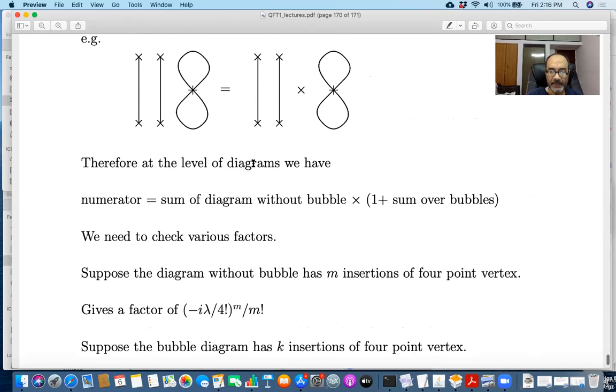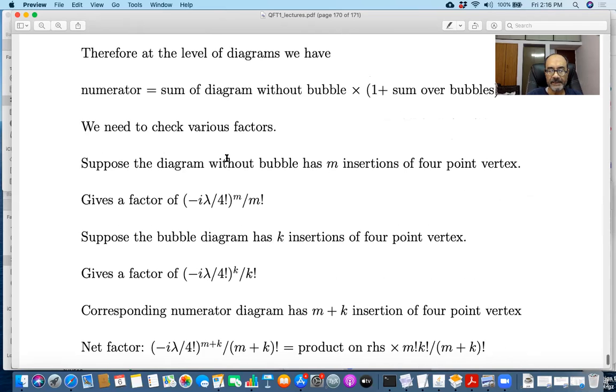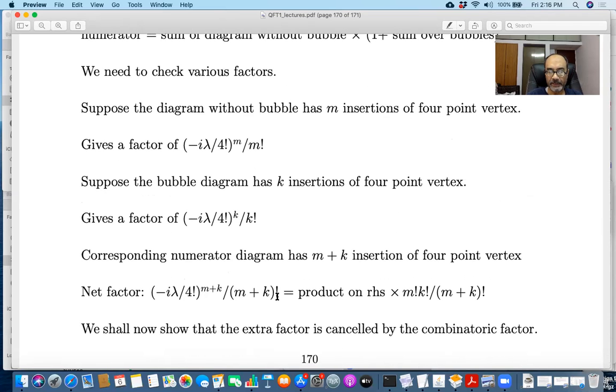But on the left hand side, when you are considering this as a single diagram, then you have m plus k interaction vertices. So if you have m plus k interaction vertices, our instruction says that you should divide by (m plus k) factorial. So that's why this factor is not the same as the product of these.